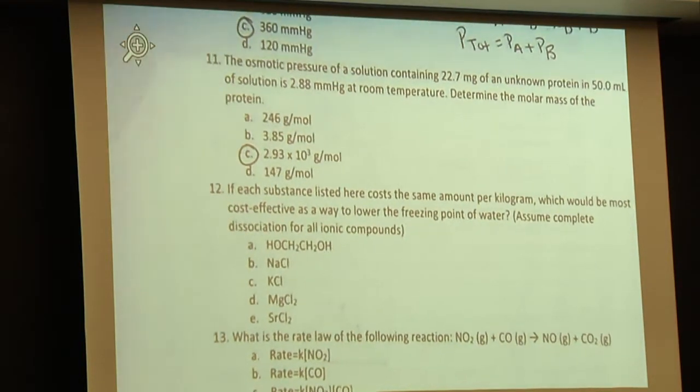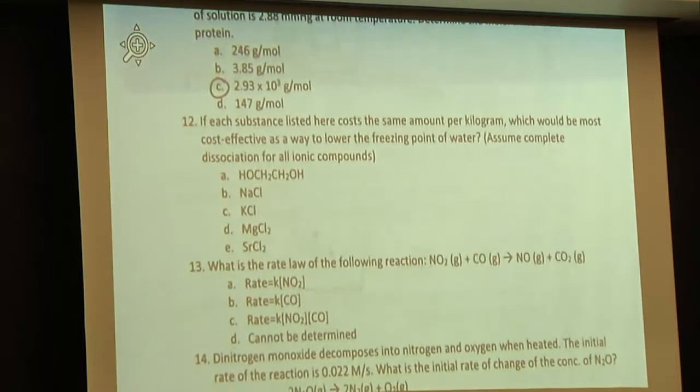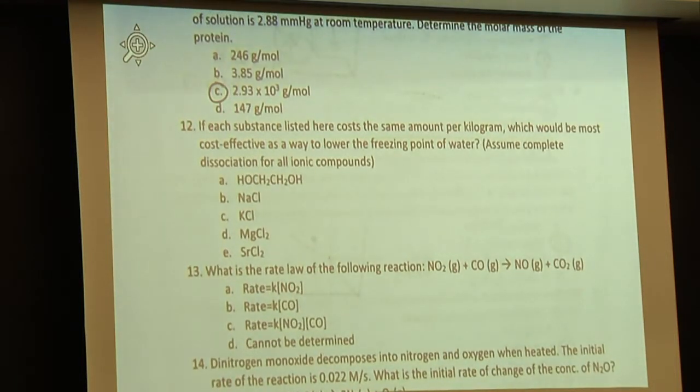All right, number 12. If each substance listed here costs the same amount per kilogram, which would be the most cost effective as a way to lower the freezing point of water? And we want to assume complete dissociation for all ionic compounds.